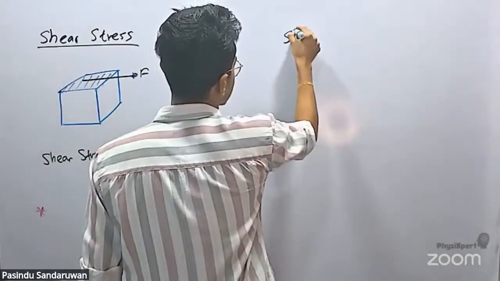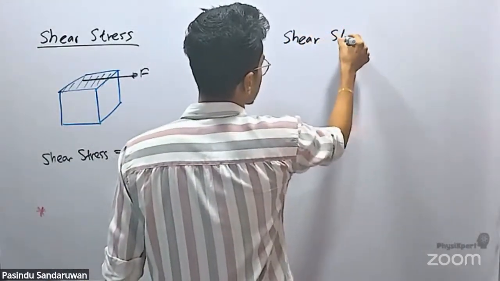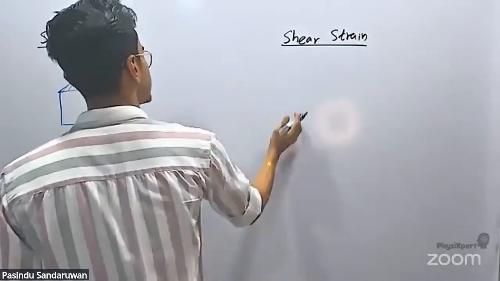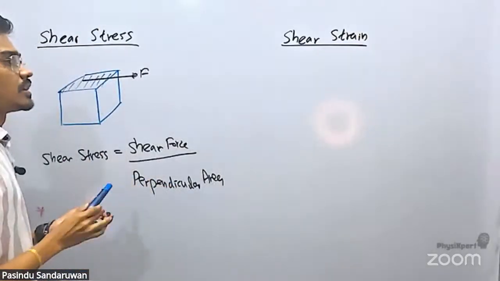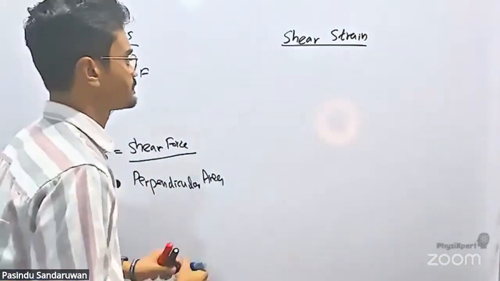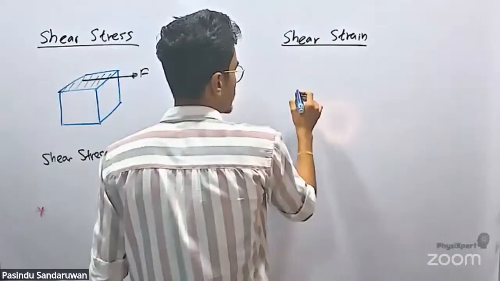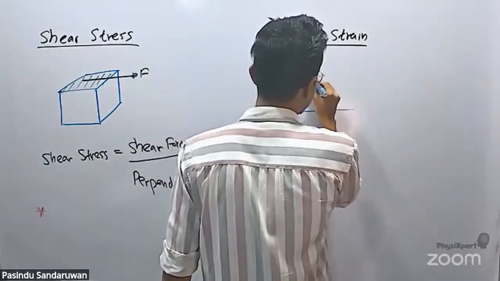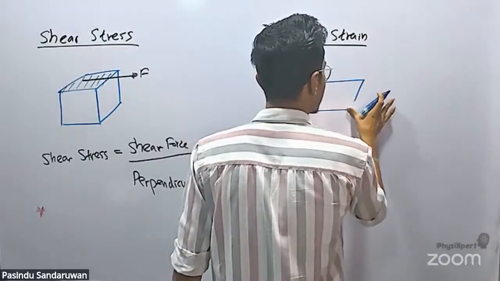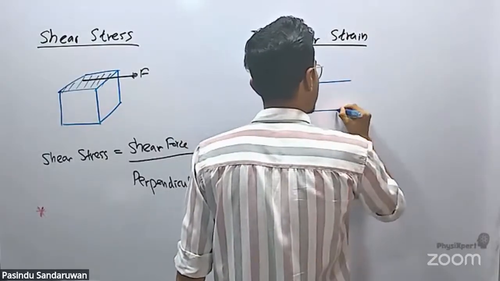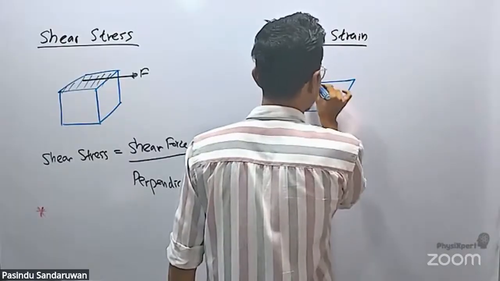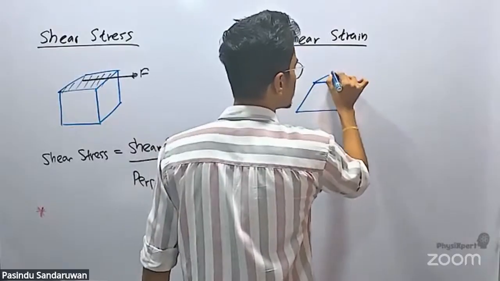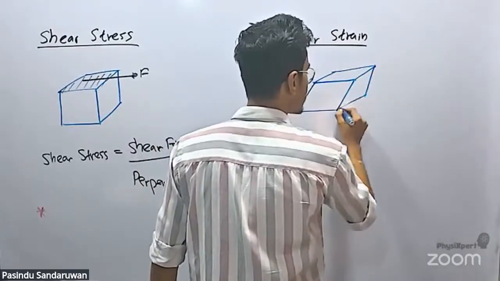Next heading, shear strain. Okay, look here. When shear forces are applied, the object is going to deform like this. Not an elongation, but it deforms like this with the shear force.